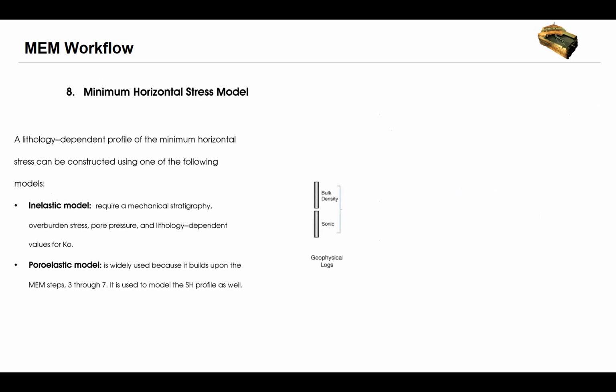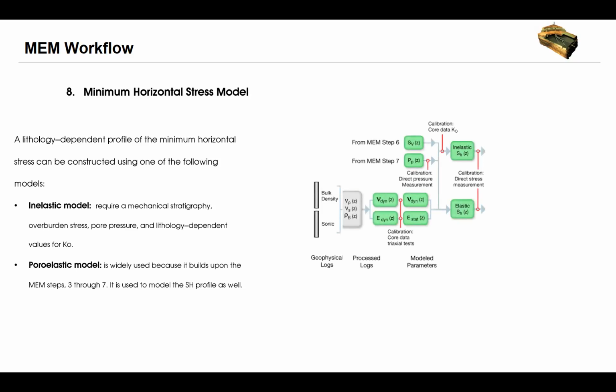So from bulk density and sonic logs, we build VP, VS and Rho profiles. Those are used to construct dynamic elastic moduli profiles, Young's modulus and the Poisson's ratio, which will be calibrated with core data to build the static Young's modulus and Poisson's ratio.